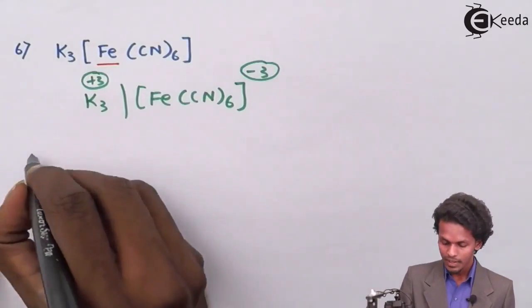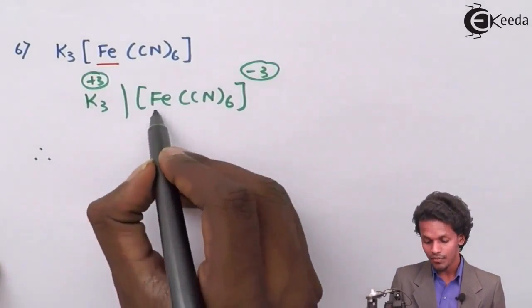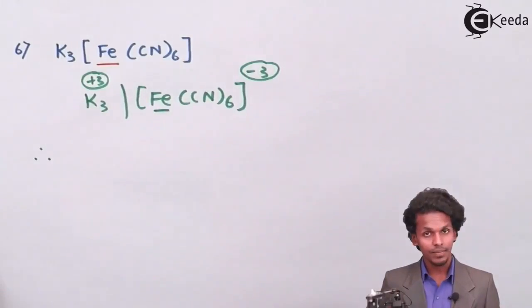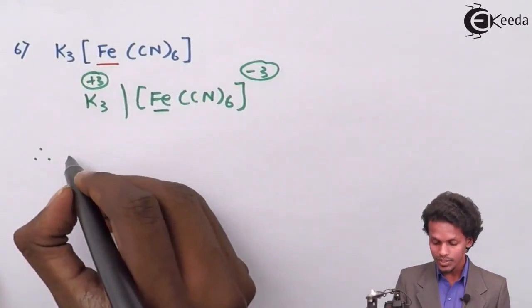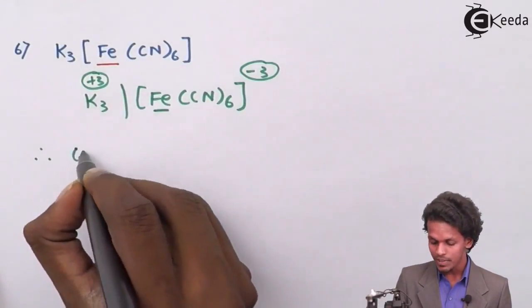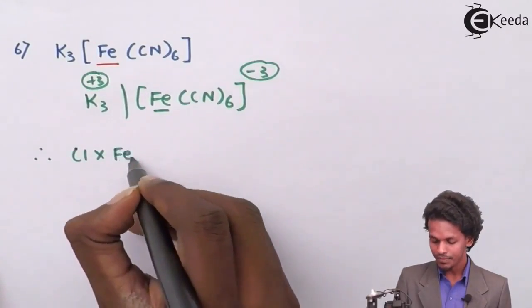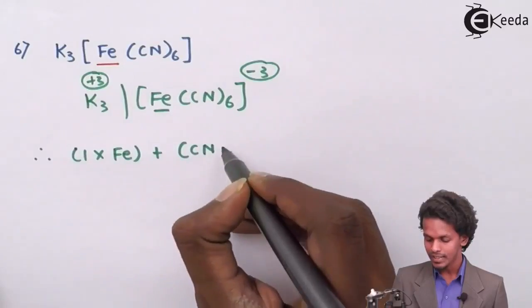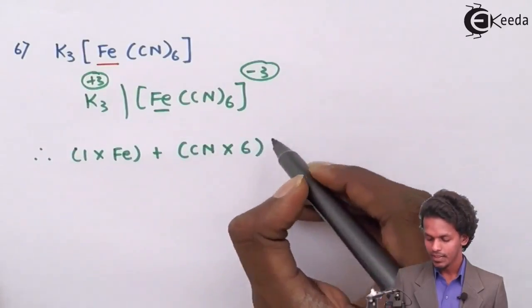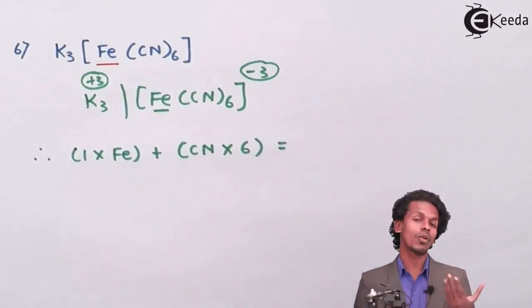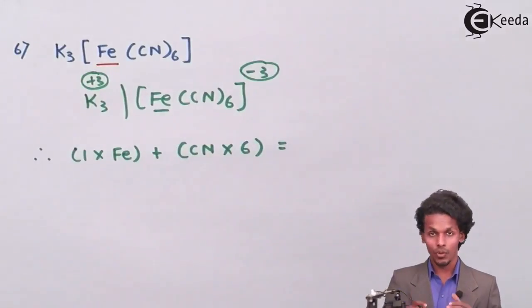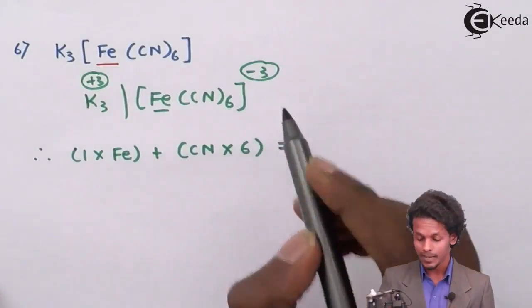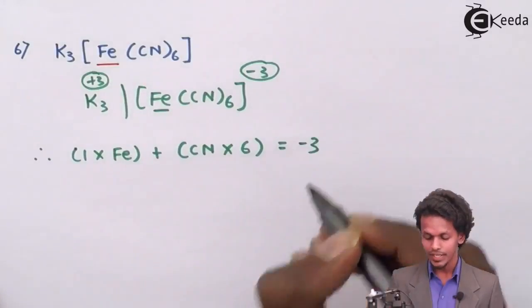So therefore, we have a concern for this Fe, this iron. Iron is present 1 time, so 1 into Fe plus cyanide, which is present 6 times, and the overall oxidation number of this complex is -3.